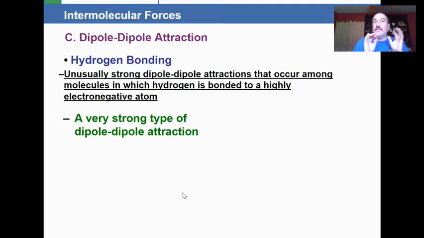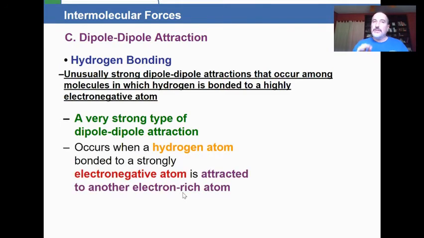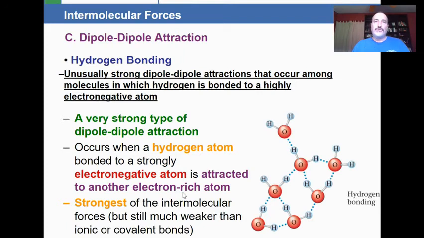Well, first of all, it's a very strong type of dipole-dipole attraction. It occurs when a hydrogen atom that is bonded to a strongly electronegative atom is attracted to another molecule that has a lot of electrons. It is the strongest of the intermolecular forces, but remember, it is still much weaker than ionic or covalent bonds.